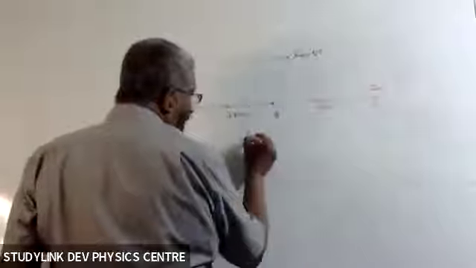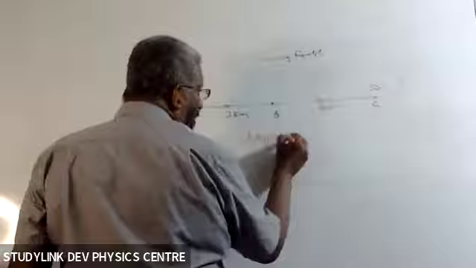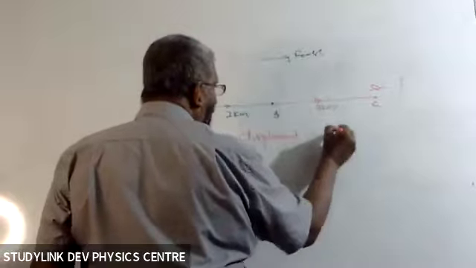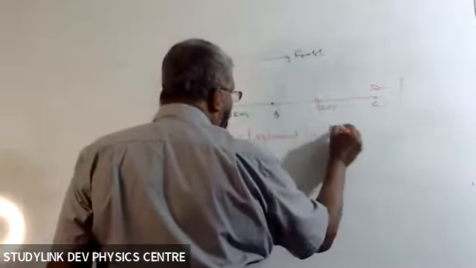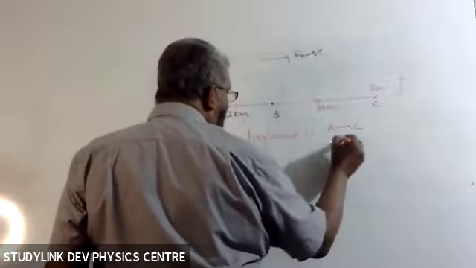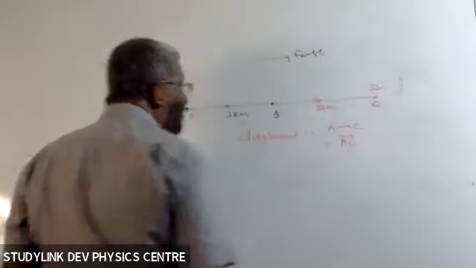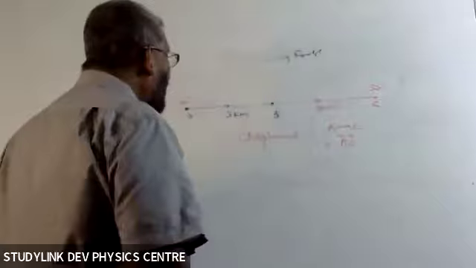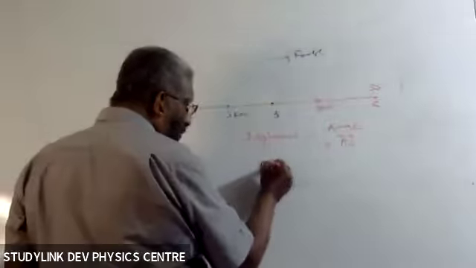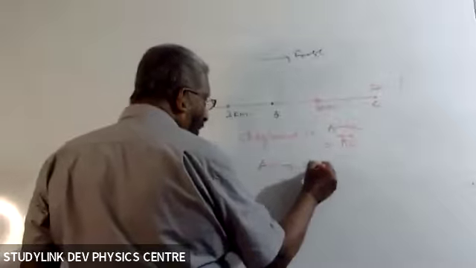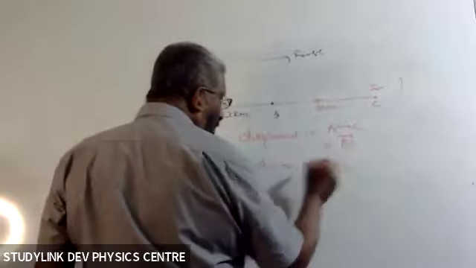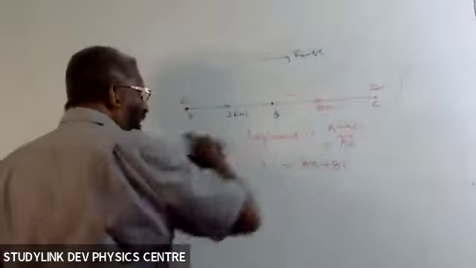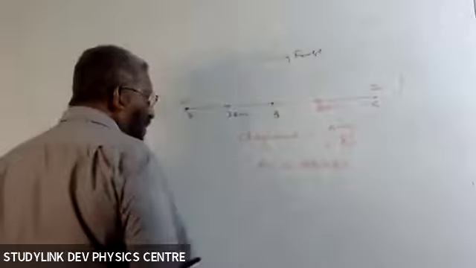So displacement is A to C, that means vector AC. Then AC is equal to AB plus BC. Normal calculation, we have a straight line, there is no need for a triangle.